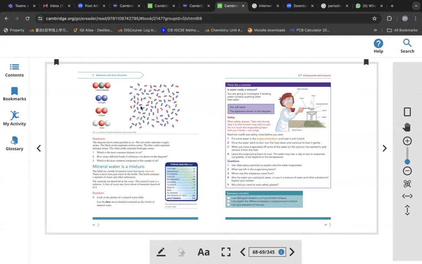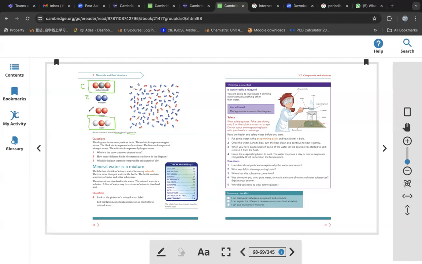Okay. So from here, this is a mixture. You see, carbon dioxide, nitrogen. Can you see here is actually a mixture of several elements and compounds. Again, from here, which one is compound, which one is element? Carbon dioxide is compound. Nitrogen is element.